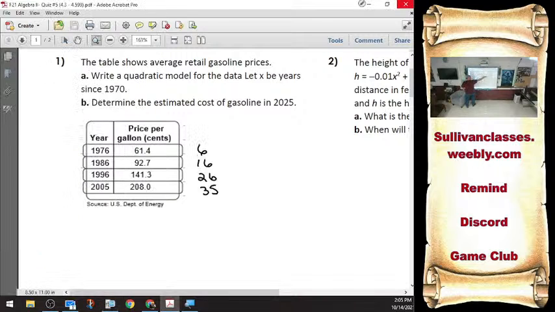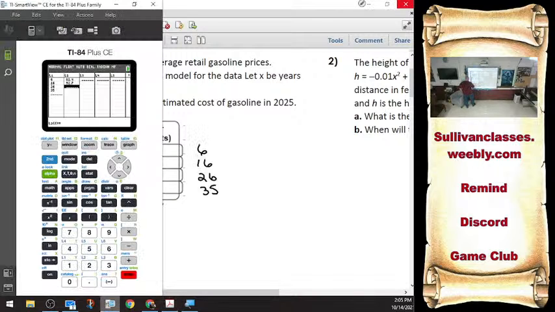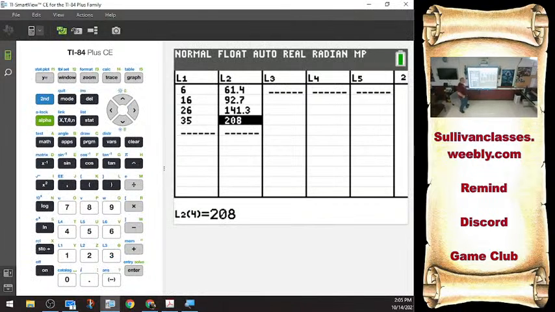Where are the other ones? 141.3 and 208. No, we did 111. Come on, 141.3. You pushed the 4. Okay, double check our numbers. Are we good? Yep.